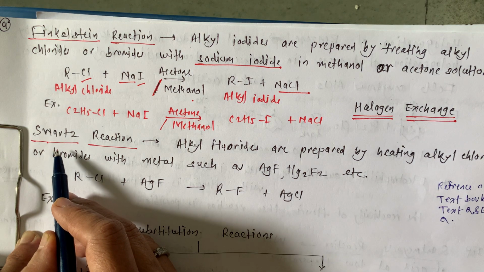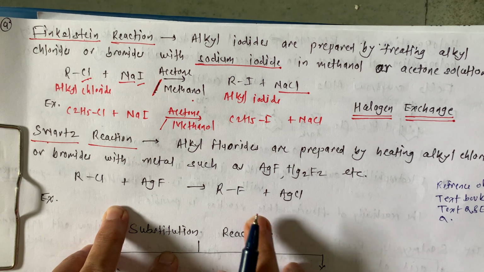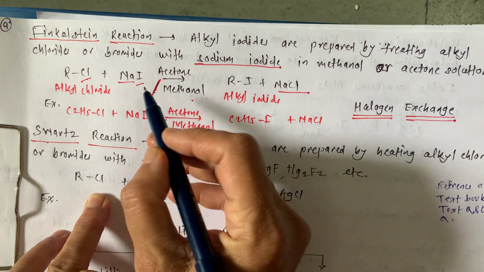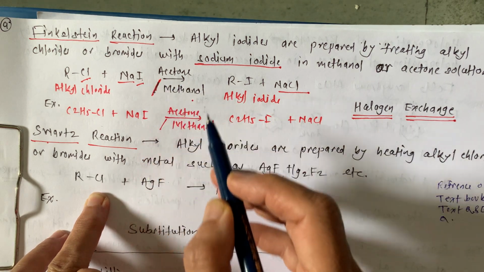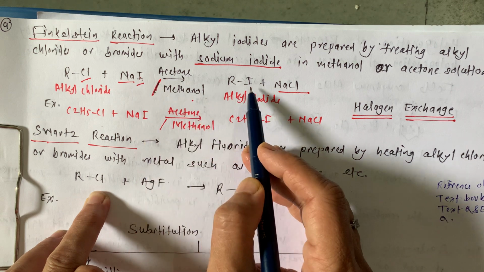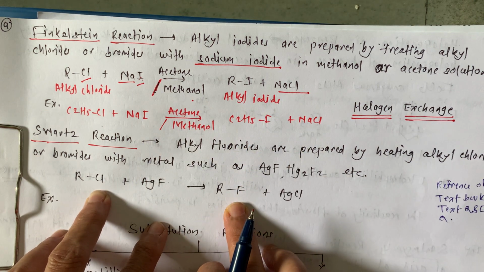Now this is again a halogen exchange reaction. Here the exchange is with iodine, and by exchange we get the iodide product. Here by exchange we get the fluoride product.